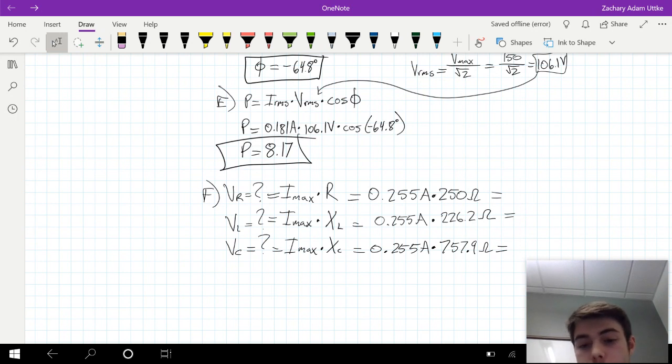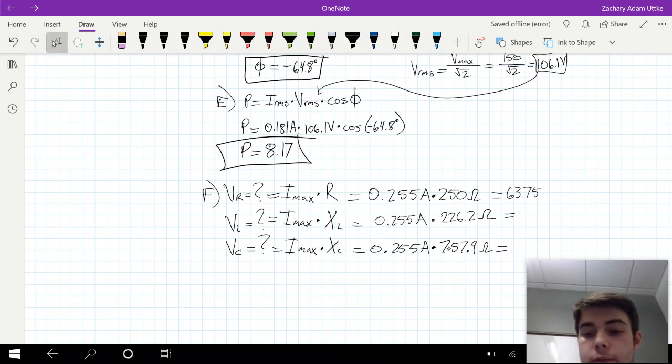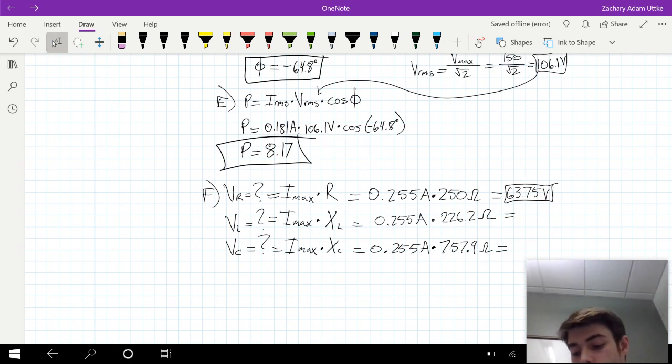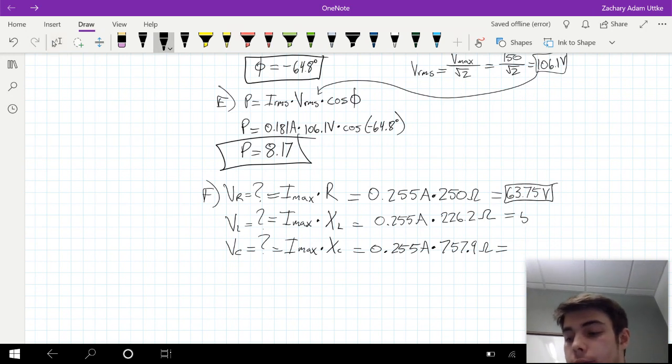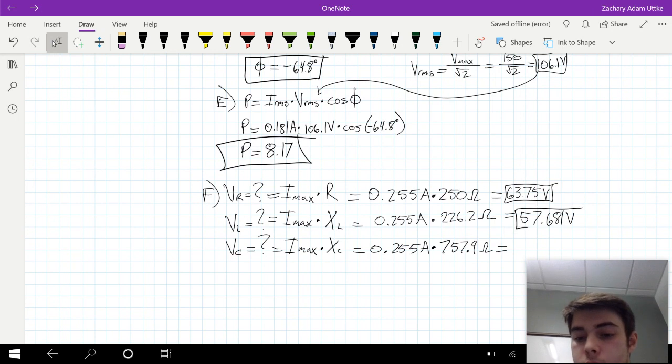So 0.255 times 250 is 63.75 volts. 226.2 times 0.255 is 57.681 volts.